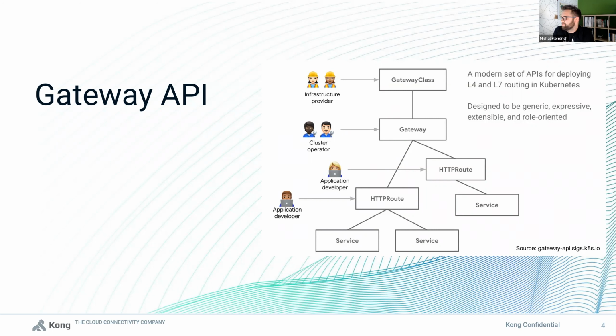It's a modern set of APIs for exposing not only HTTP, but a wider variety of protocols, such as TCP, TLS tunnels, UDP, and virtually everything, because the API is designed in such a way as to be extensible for supported protocols. We'll drill a little bit deeper into that later in the presentation.